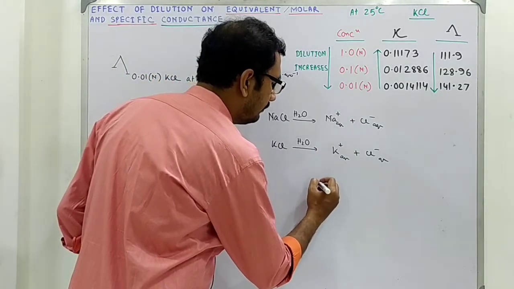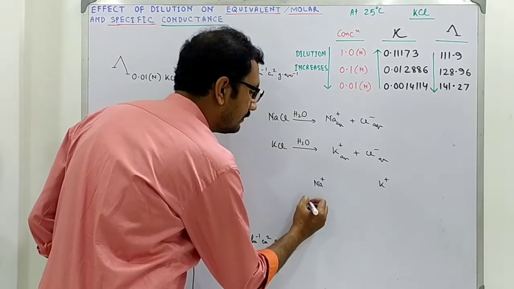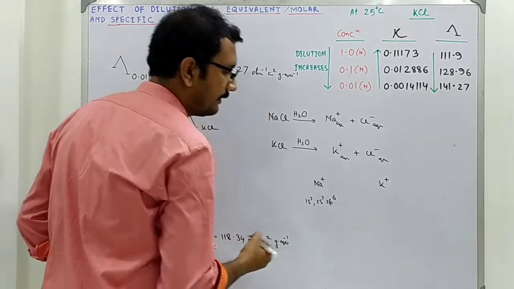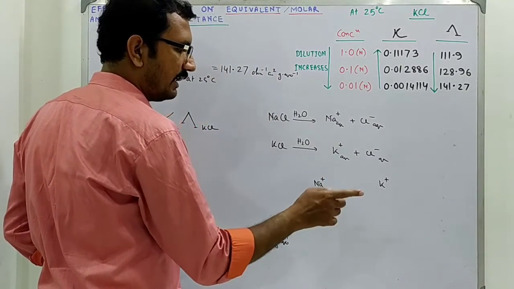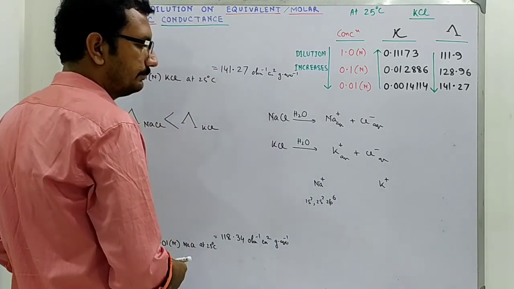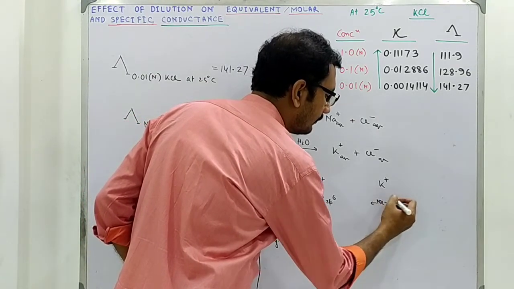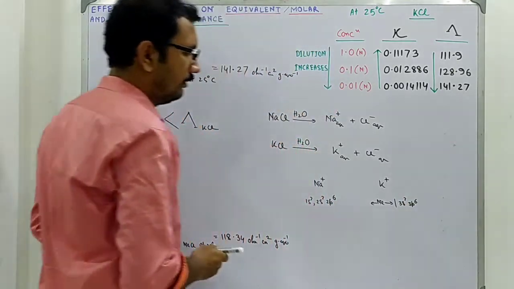Now, what is the electronic configuration of these cations? This is 1s2, 2s2, 2p6. It will release the 3s1 electron to get the configuration of neon, and the other will be 3s2, 3p6.